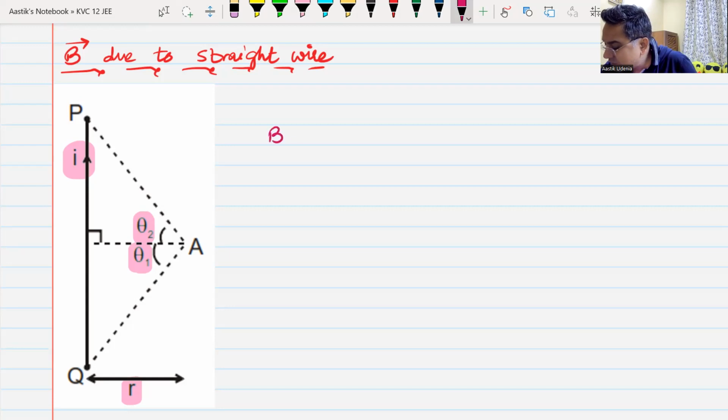The magnetic field due to this wire will be given by this formula: mu naught by 4 pi r into I, which is the current in the wire, into sine of theta 1 plus sine of theta 2.